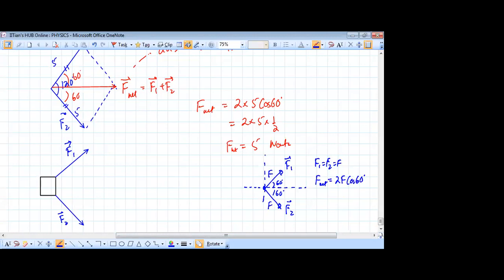So there's no net force along this axis, and the cos components will add. So here the net force will become along this angular bisector. So the acceleration will also be along the angular bisector. This will be there.